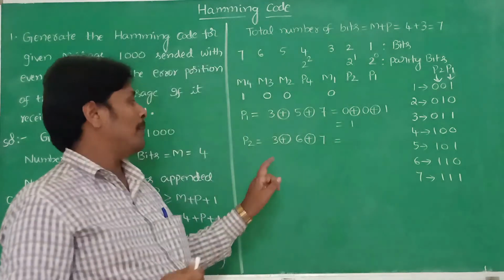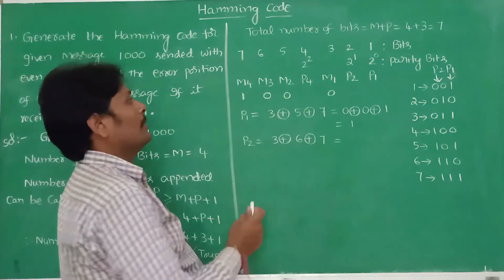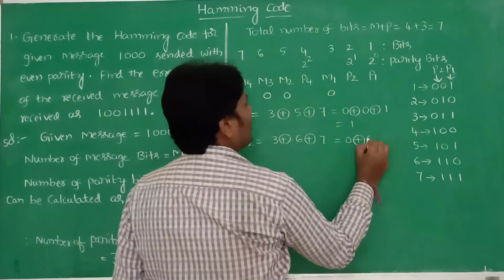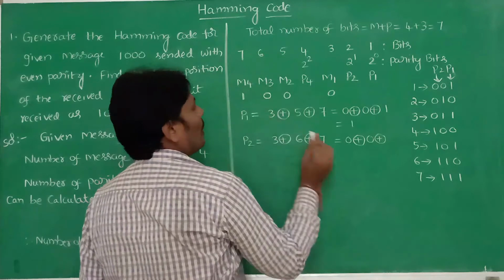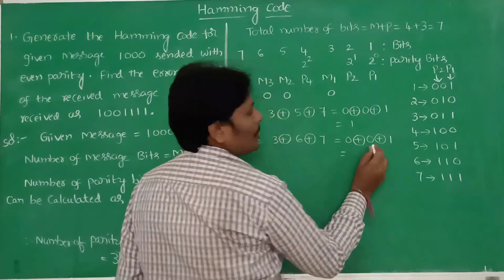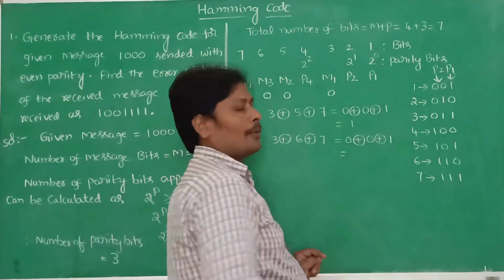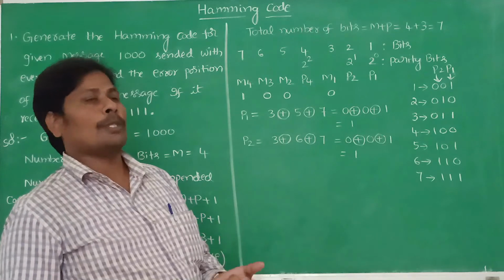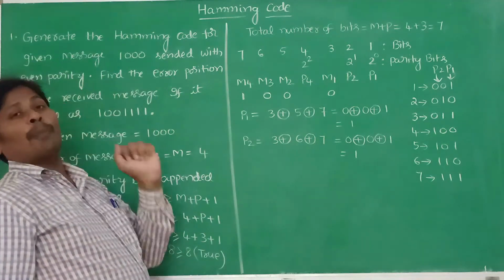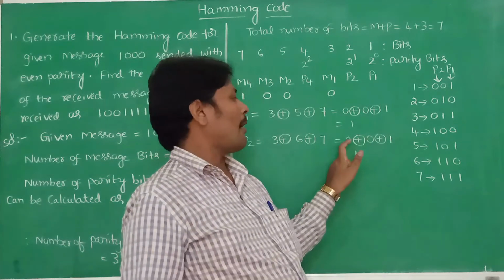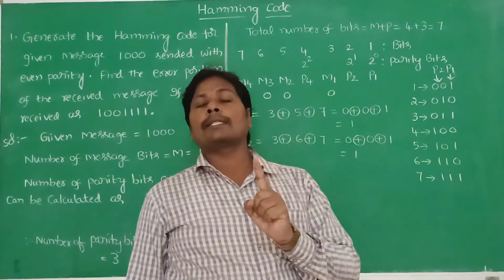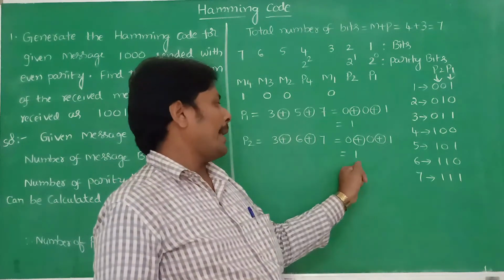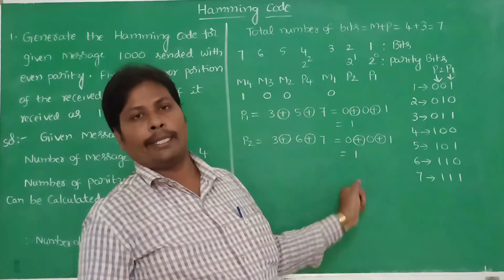What is the message bit at the third, sixth and seventh positions? At the third 0, at the sixth 0, at the seventh 1. So 0 exclusive OR 0, 0 exclusive OR 1, that is 1. Here also we can use another approach. The message is sent with even parity. Here how many ones are there? 0, 0, 1. A single one is odd parity. To become even parity, we add an extra bit. This is the parity bit.